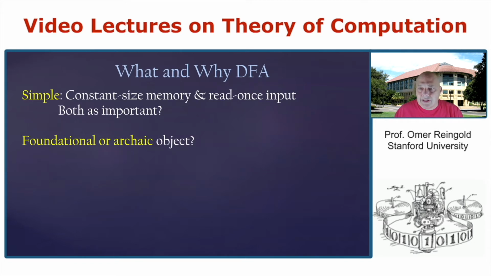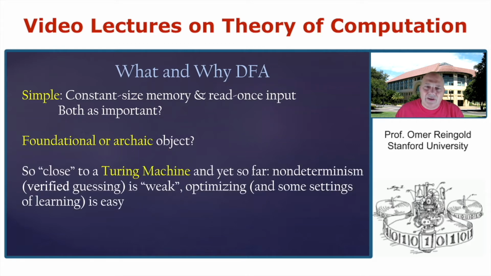But since this is a theory class, this is not necessarily the reason for which I'm insisting on teaching DFAs. The reason is that it will allow us to talk about various aspects of computation in a very limited model for which we can say more things. This is something that's so close to a Turing machine, and yet it is pretty far.